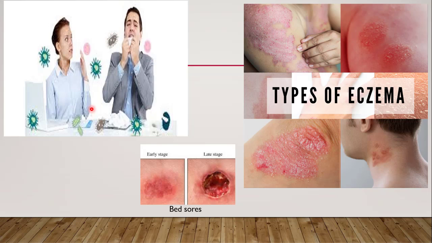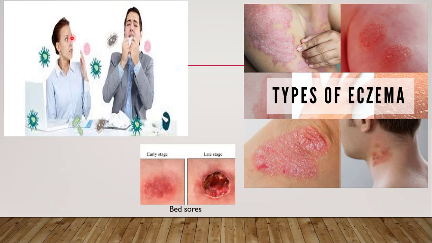Cross infections are infections which spread from one person to another person, and auto infections are infections which spread within the tissues, from one tissue to another tissue within that same patient. So these are called auto infections, as the name auto suggests, they spread inside the patient, and cross infections transfer from person to person.